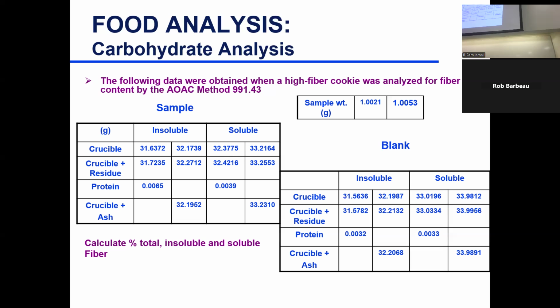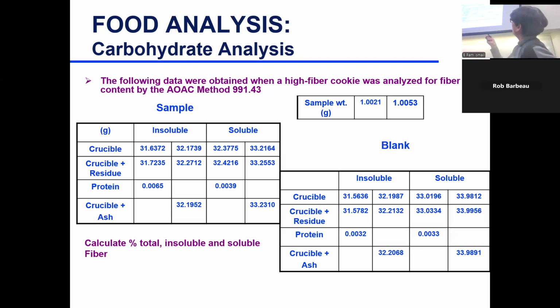So you will get the blank fiber plus the protein content in the blank and the ash content in the blank. So you use all this data to calculate insoluble, soluble, and total. Total is the summation. So you calculate insoluble first or soluble, and then you add the value, and that will be your total fiber. And as you can see, you have 2 replications.